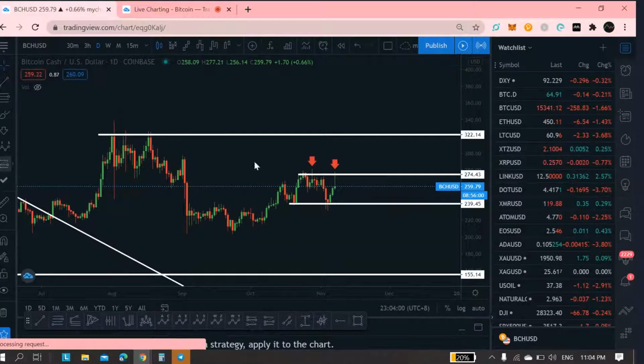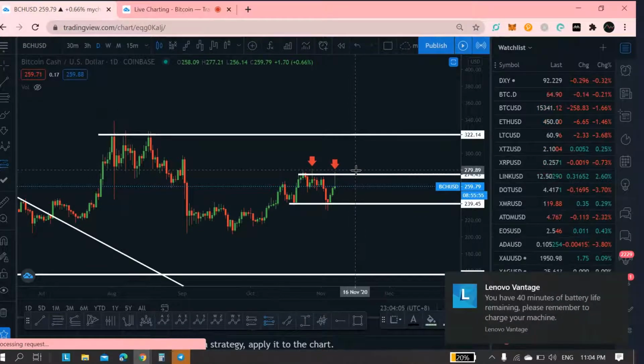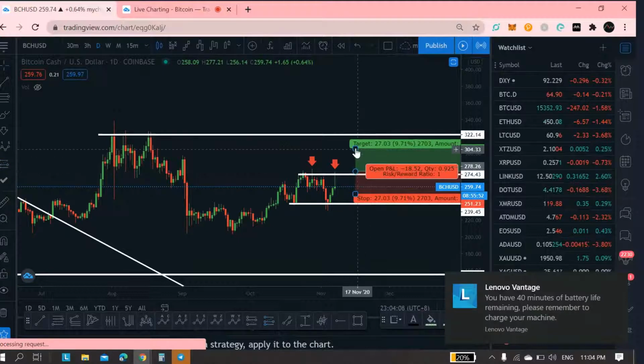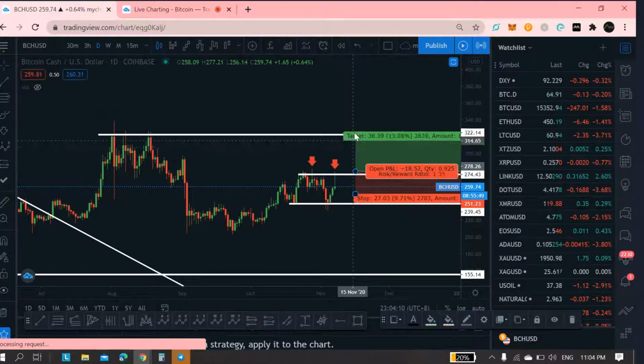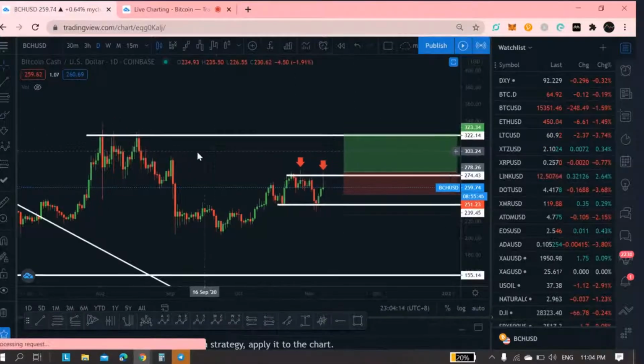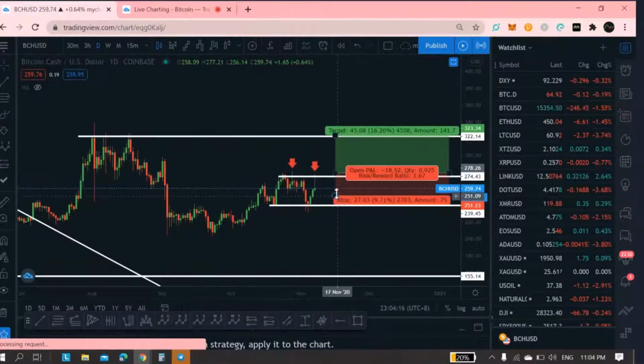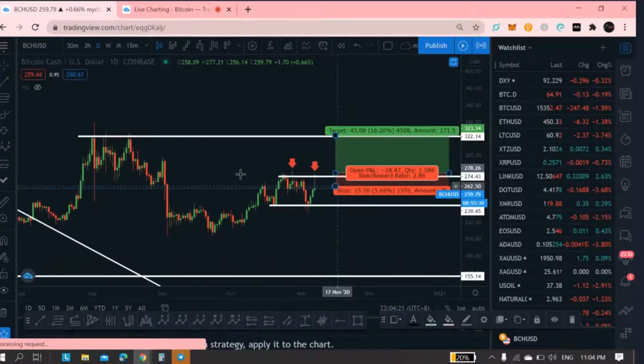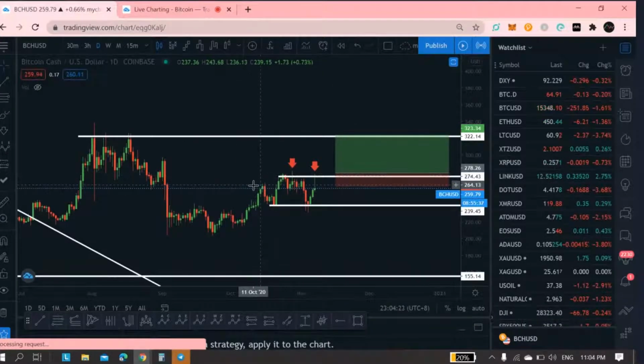Anyway, let's look at the possible risk reward, because for me, I will wait at breakout. So that's the possible scenario. And I will use this one as a stop loss area. This area. This one.